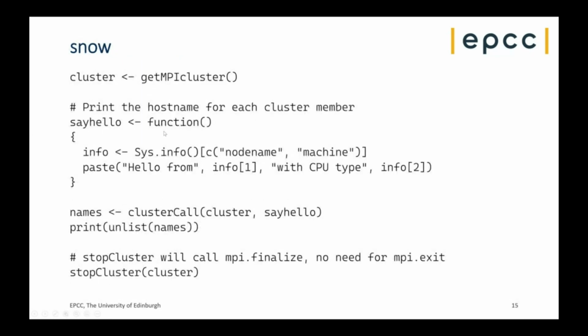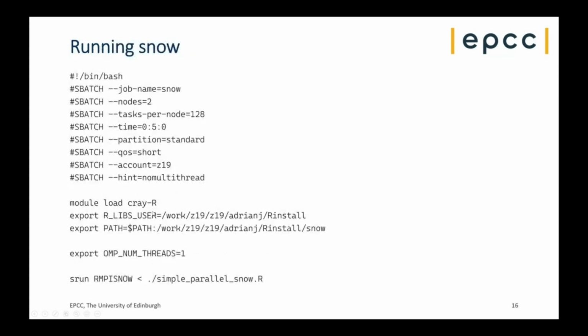Now, at a more generic level, we can use this Snow cluster directly to create functions that we can run across as many clusters as we want, or as many processes as we want. So the generic Snow functionality uses this. We set up an MPI cluster, we create a function, we run that function on the cluster, and then we get the results out at the end, and this will produce the results.